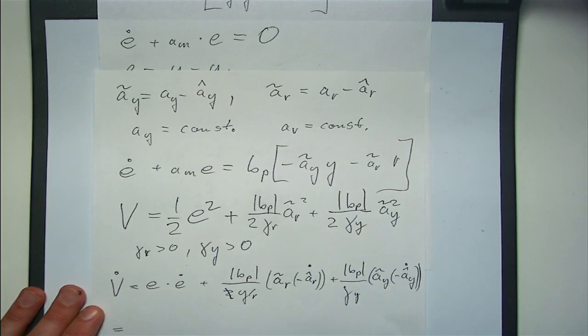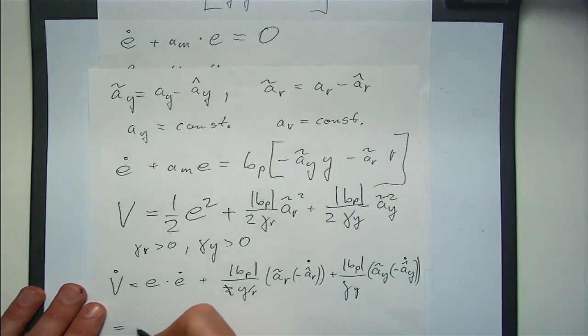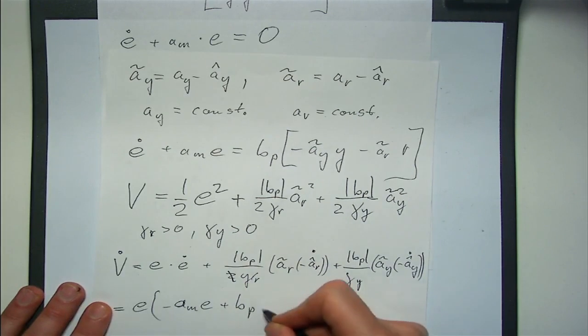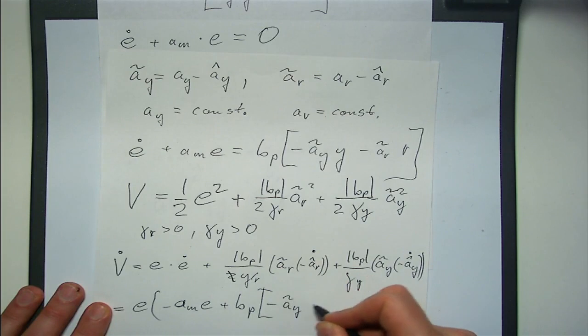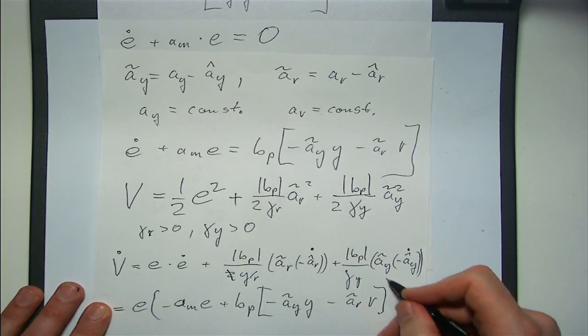So what happens now, we have here this one there, and we can in principle add all this in. So we have here minus AM times E plus BP minus AY tilde Y minus AR tilde times R, and then we can just close this up.